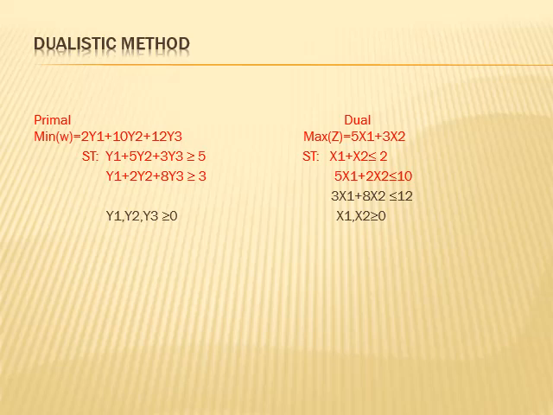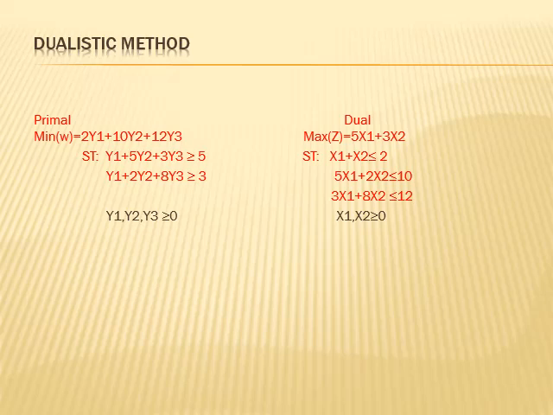The first constraint in the dual is the first column in the primal. The second constraint represents the second column in the primal. The last row of constraints in the dual represents the last column of constraints in the primal.